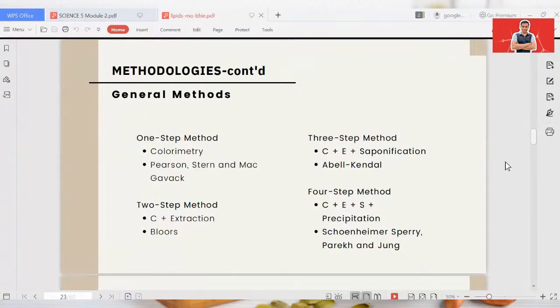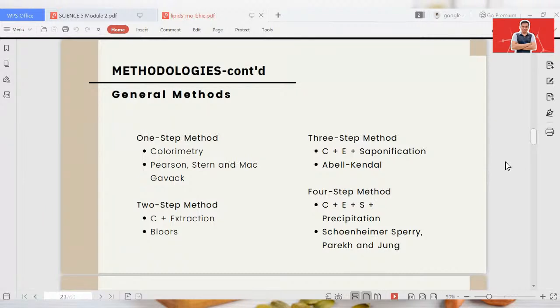Also, we have the two-step method where it uses colorimetry and extraction, where in this method, extraction is introduced, primarily to remove protein prior to color development. Certain solvent mixtures that can dissolve small amounts of water and cause proteins to precipitate are necessary for a complete extraction of lipid.